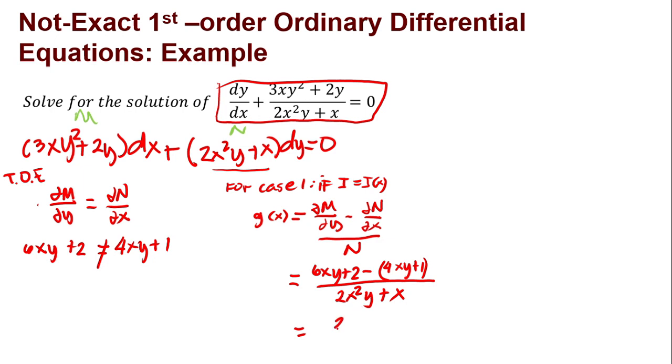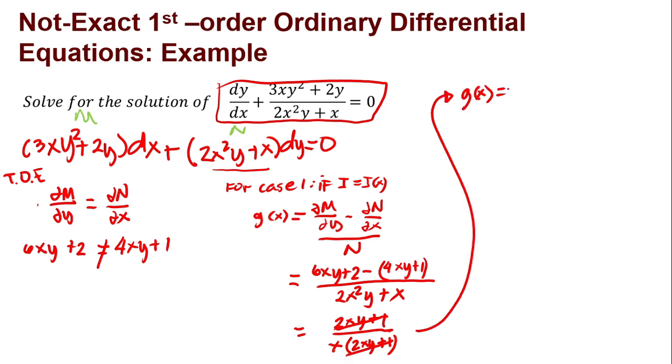We have 2xy plus 1 divided by, we can factor out x. What's left is 2xy plus 1. So we can cancel the 2xy plus 1. So our g of x is equal to 1 over x. So this one is true for our case number 1.